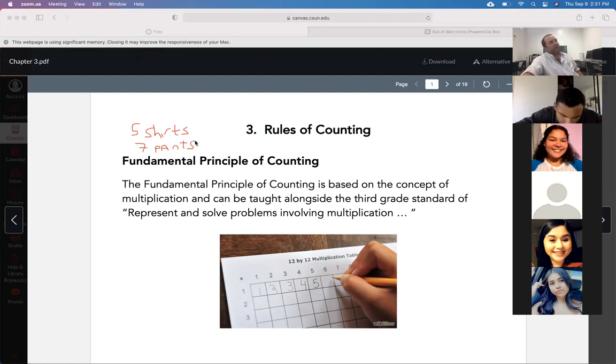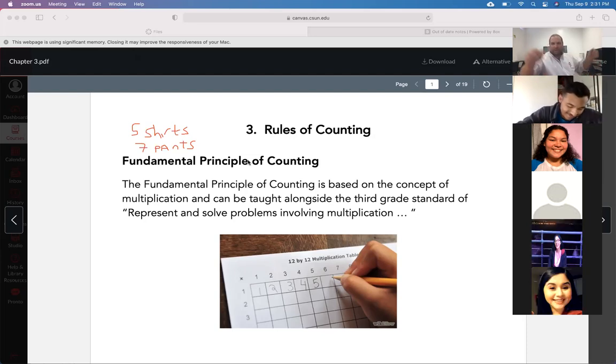Why is it called a pair of pants when it's only 1? That's a whole other question. I actually asked the same thing last week. You don't wear a pair of shirts, you just wear 1 shirt, but you wear a pair of pants. Like a pair of shoes, I get, because there's 2 of them. A pant leg is 1, and then the 2 of them together.